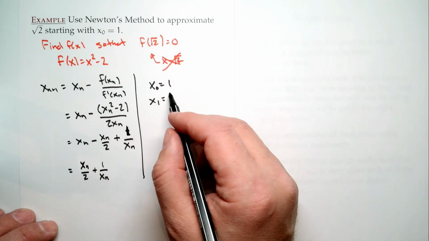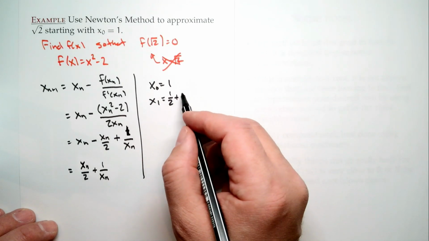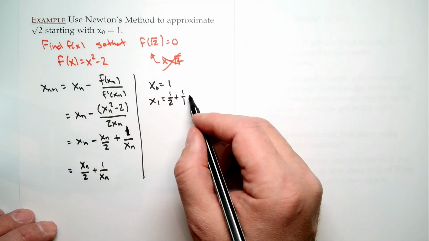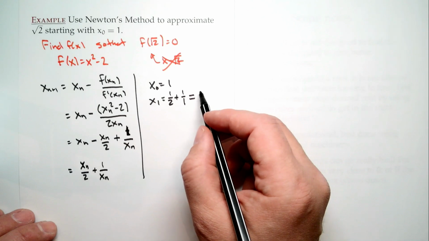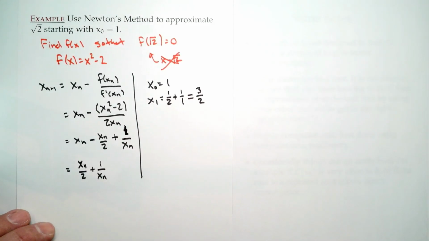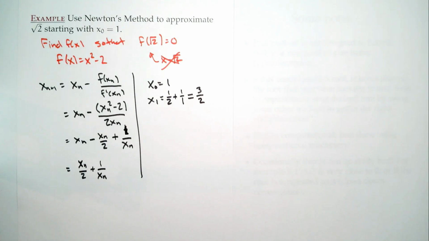So it would be 1 over 2 plus 1 over 1. Well, 1 over 2 plus 1 over 1, what's another way to write that? Yeah, 1.5. 3 halves. Okay, well, is 3 halves a better estimate? Well, I said square root of 2 is about 1.4, and 1.5 is closer to 1.4 than 1 is, so that seems like a good sign.